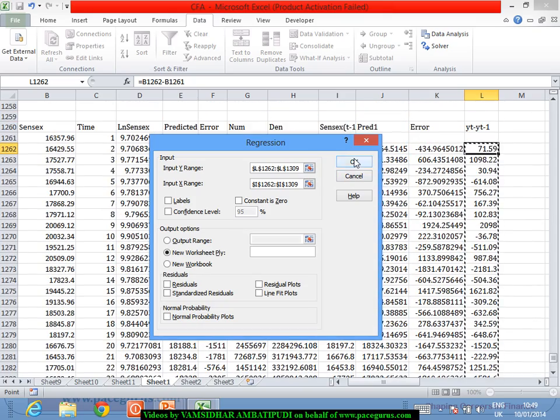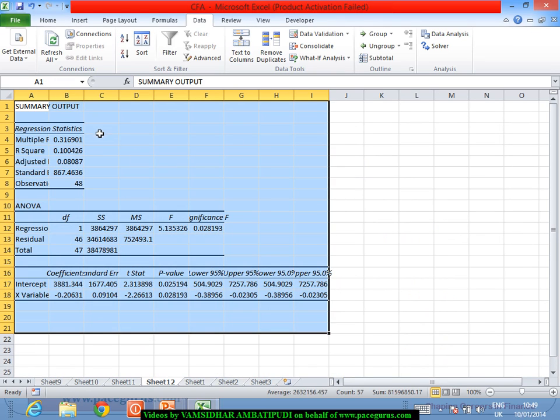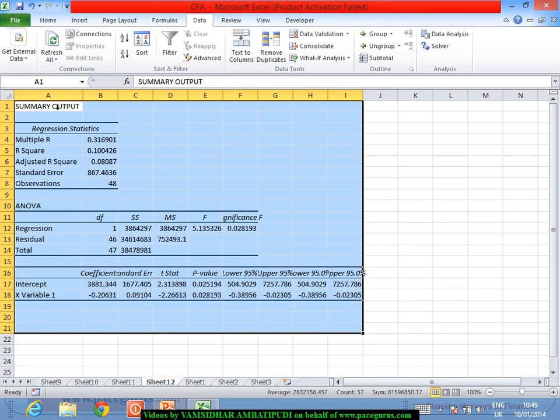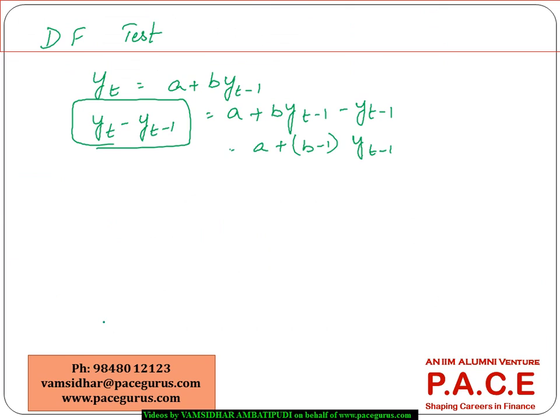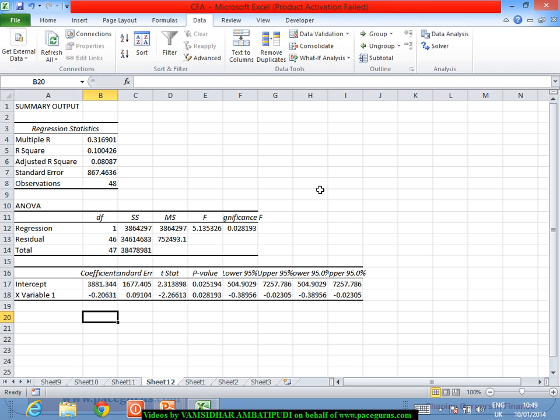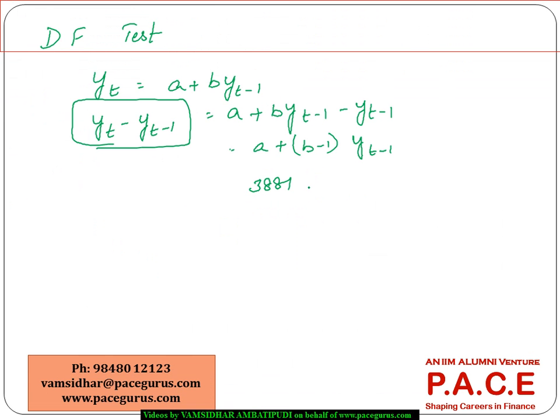Right, now using this, when I am doing this, the coefficient is coming out as 3881 minus 0.2 times yt minus 1. Means in a way it is saying b minus 1 is somewhere equal to minus 0.2. That is what this is saying.